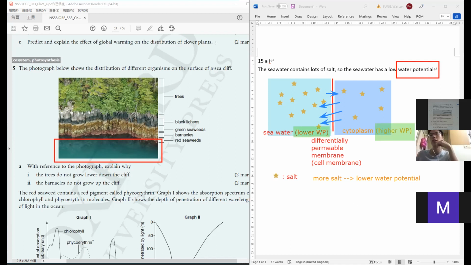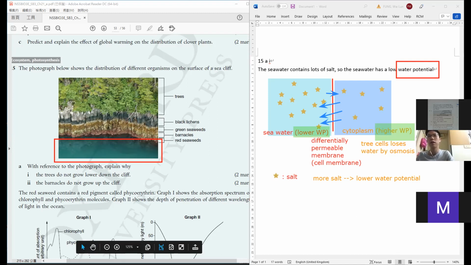From high to low potential. Therefore, the tree cells will lose water by osmosis. Okay, the tree cell loses water in this format.